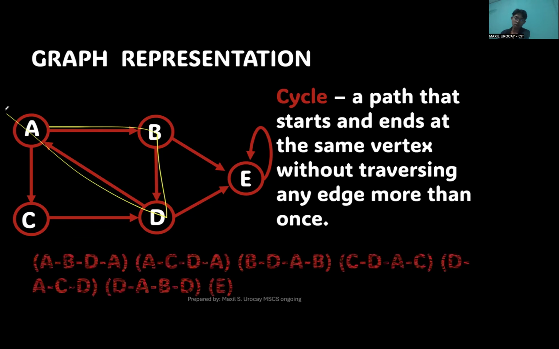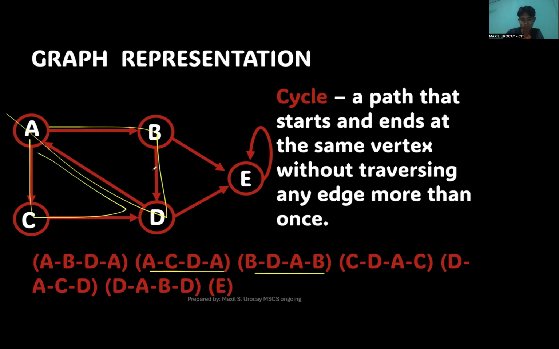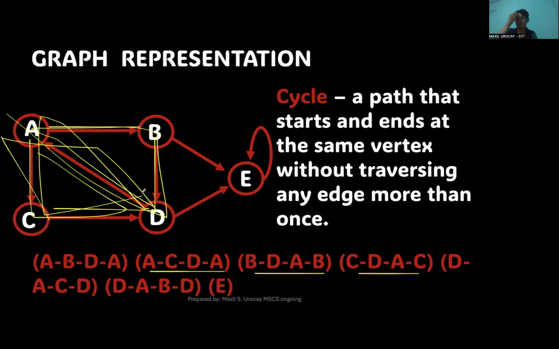So here are some suggested paths which you can also check. ABDA, there is ACDA. Let's check. That's correct. And BDAB, that's correct. CDAC, good. And DACD, very good. That is actually the path that we can take there, and also the E as I mentioned.